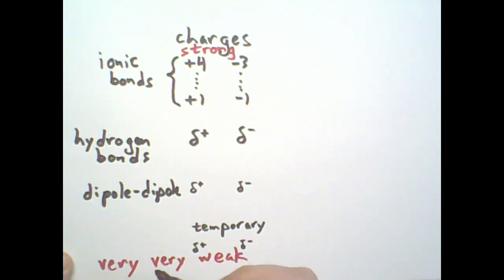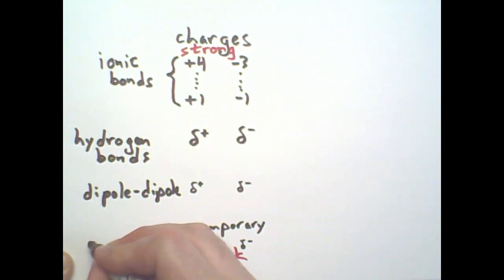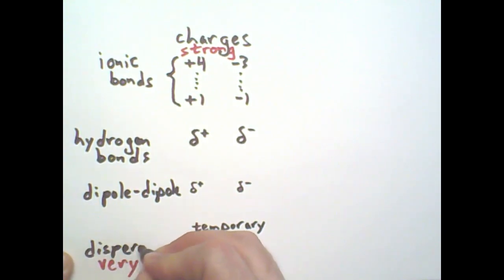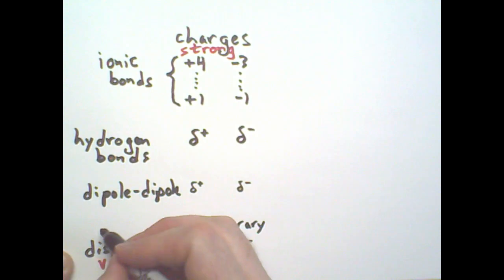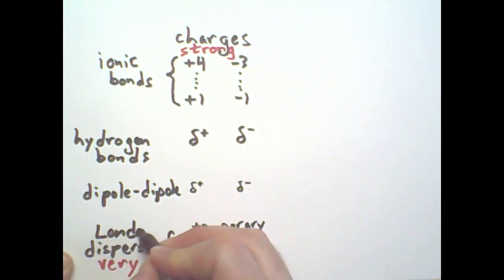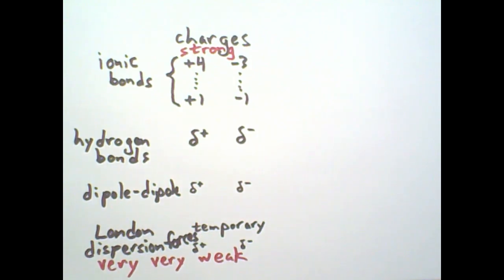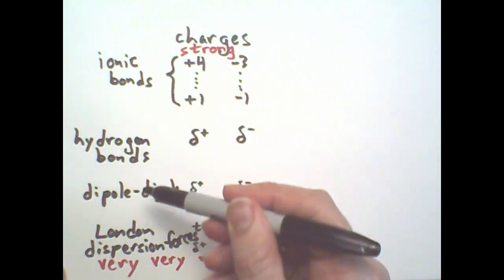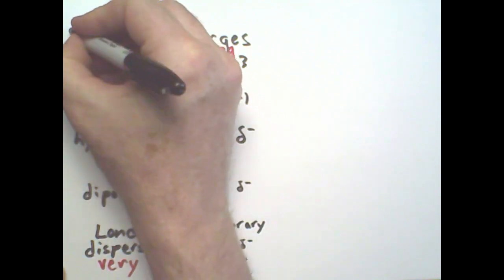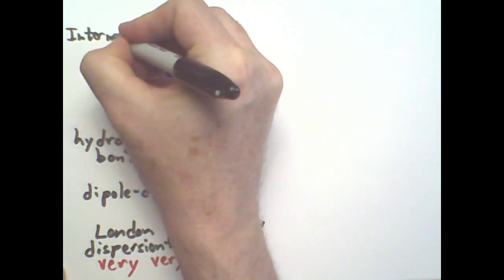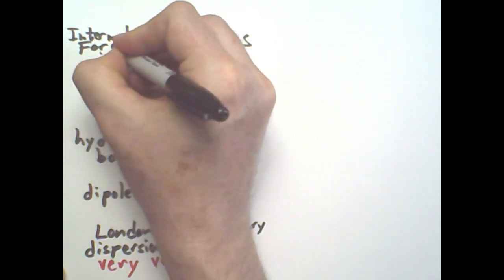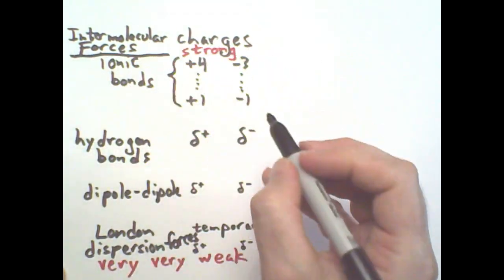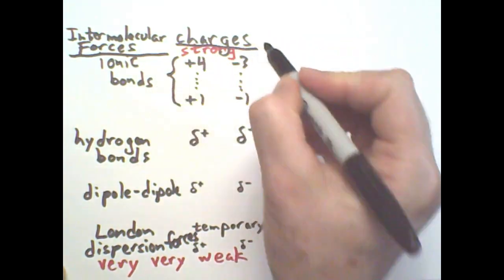And then the weakest ones here are dispersion forces. It's often called London dispersion forces after scientists who described them. Okay, so we've got all these kinds of intermolecular forces, and they have charges associated with them.